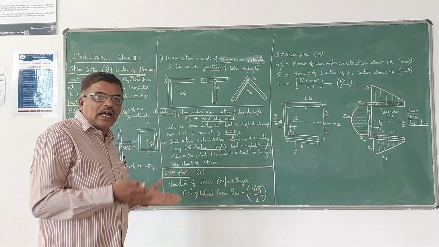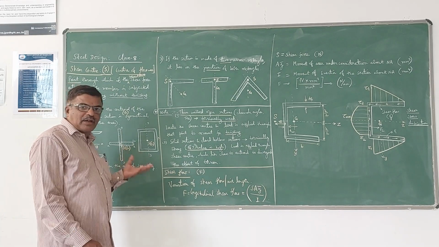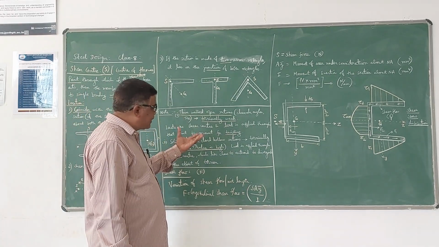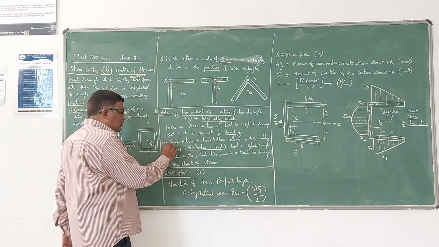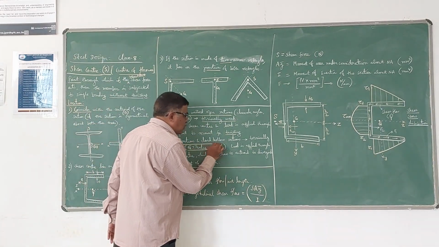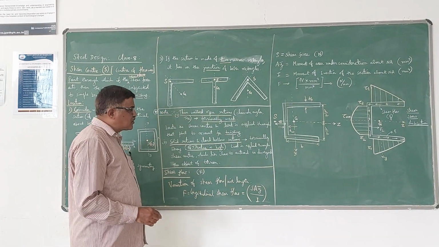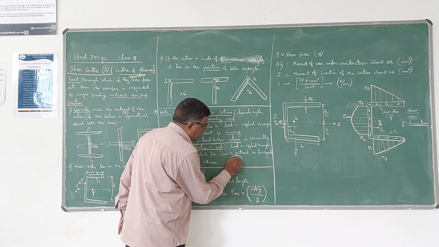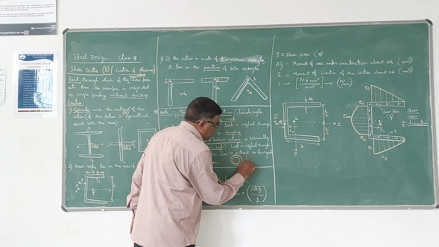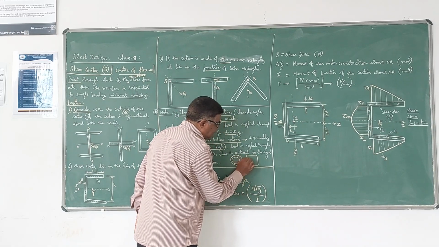In the next lecture, I am going to explain with a numerical example how to locate the shear center. Now, closed hollow sections can be a hollow circular section, or a hollow rectangular or square section like this.